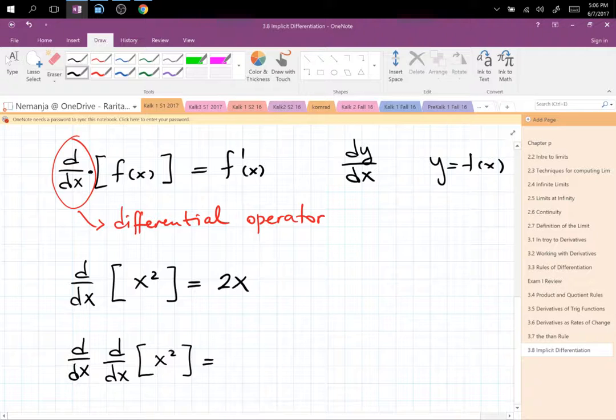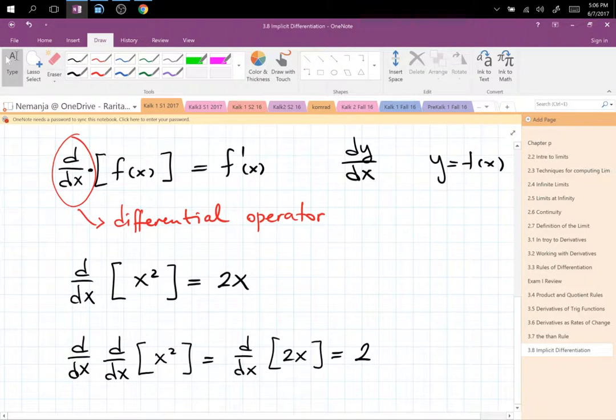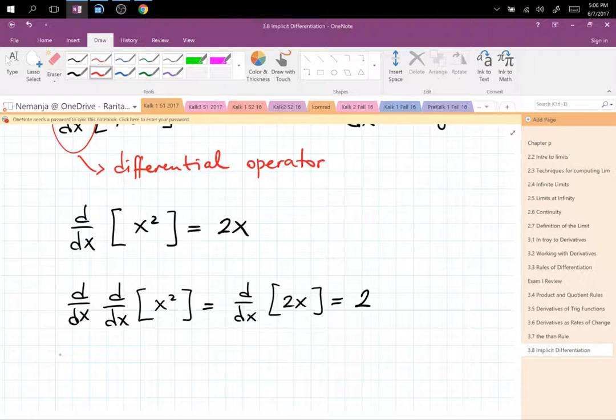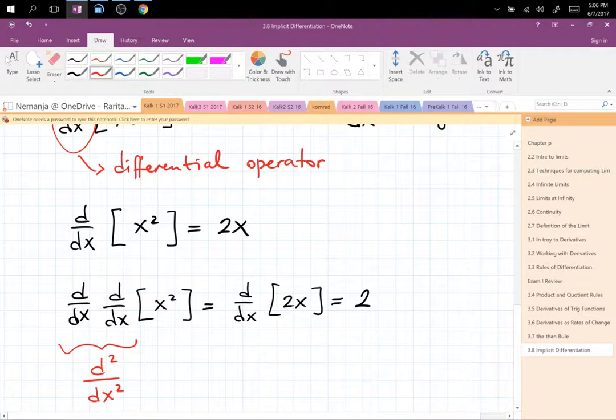So first you do the inner one, so you copy the outside d dx, and then you get 2x over here, and then when you take another derivative, you get 2. What you actually did here is the second derivative, and we can combine that operator using notation by simply saying d times d is d squared, and dx times dx is dx squared.